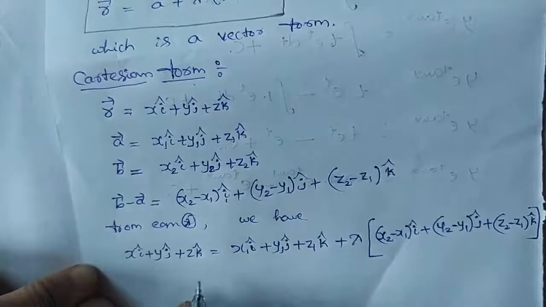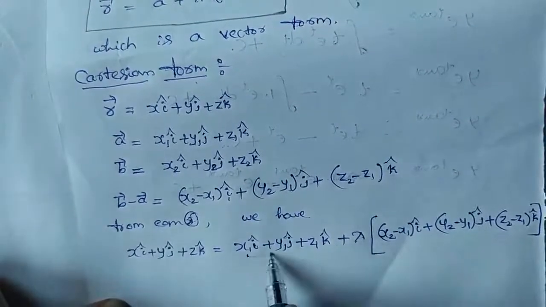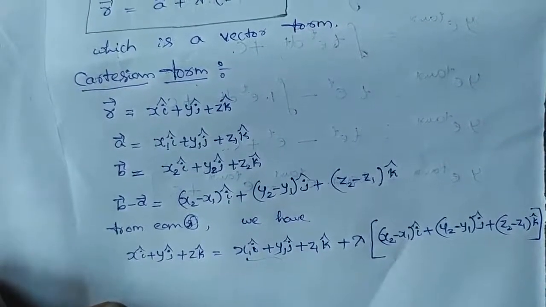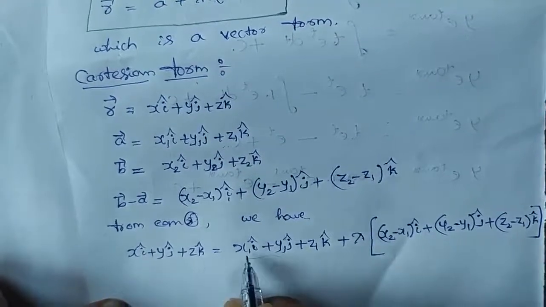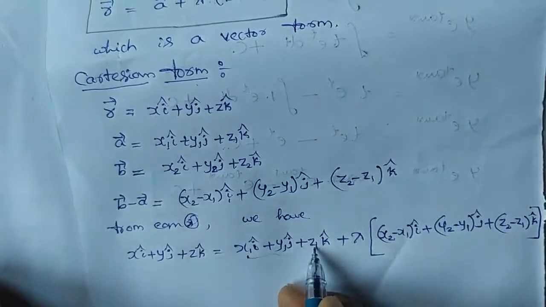Okay, now take this vector to the left. Take x1i plus y1j plus z1k to the left.